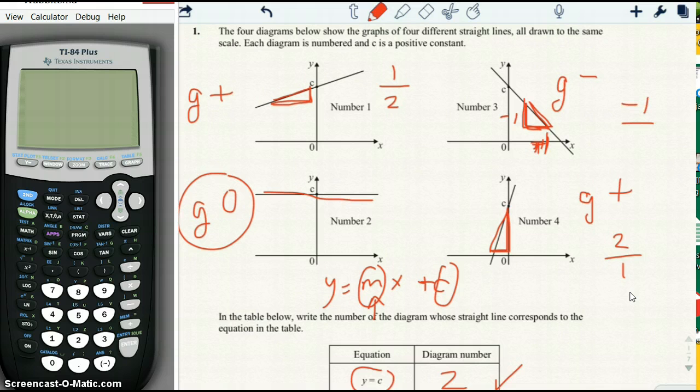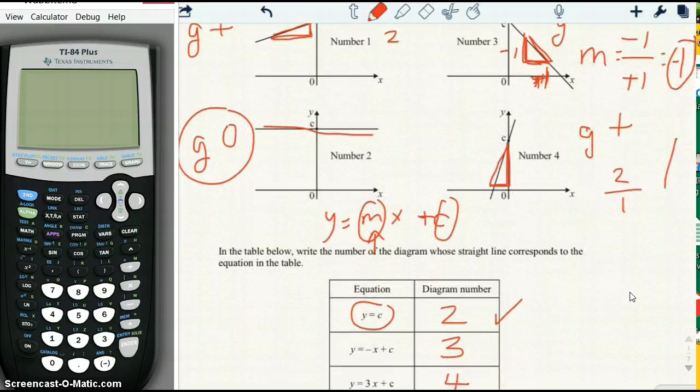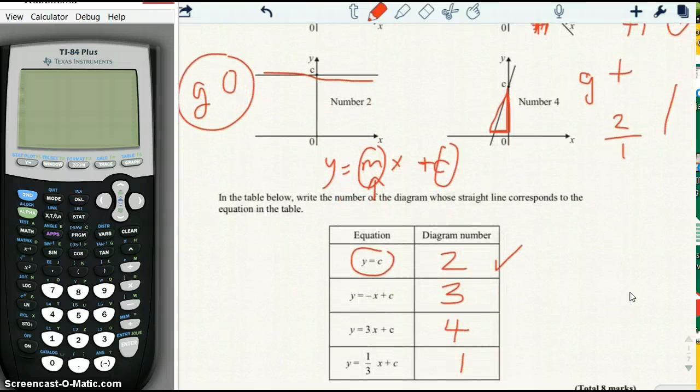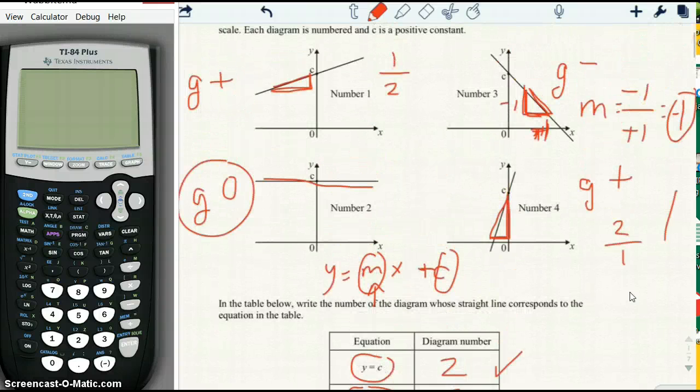It would be -1 divided by +1, so the answer is -1. I just estimated 1 and -1 here; I can't see exactly how much it is, but the slope would be -1. Then if I go down here, are there any of these equations with a slope of -1? Oh, yes, there is. This one here has a slope of -1, so that corresponds to diagram number 3.